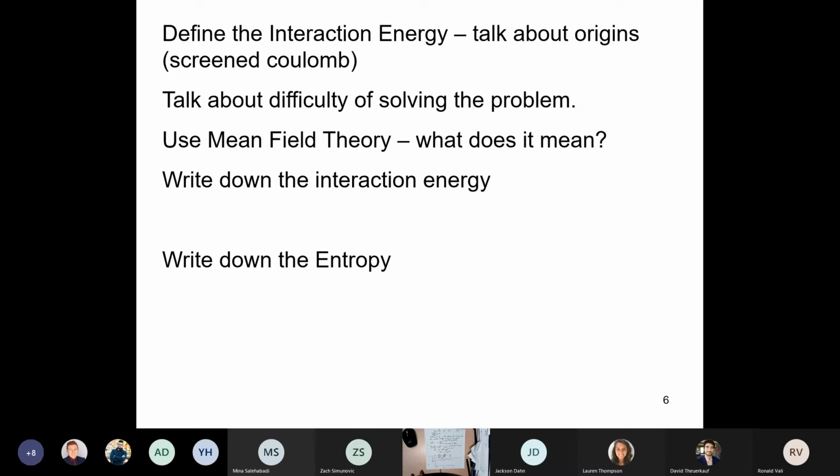So it will tend to donate its valence electron to the host and sit in the lattice as an ion or a screened ion. I'll talk about screening in a minute.